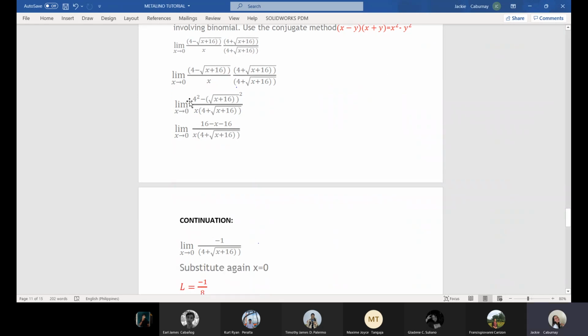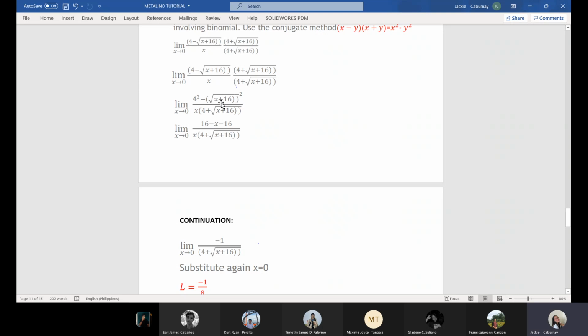Next, the answer you get is limit of 4 squared minus the quantity square root of x plus 16 squared, over x times the quantity of 4 plus square root of x plus 16.